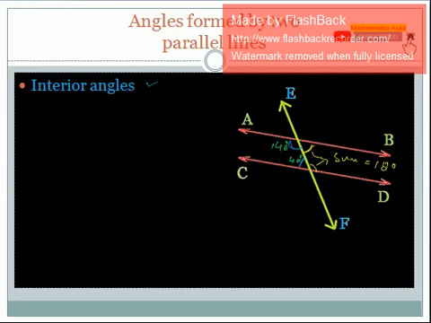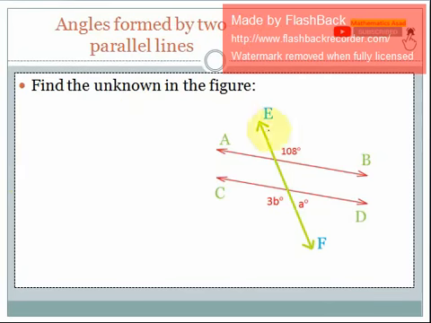So try it. The question says find the unknown in the figure. So the unknown is basically this angle, and actually the unknowns are A degree and B degree. So these are the unknowns and we have to find them.